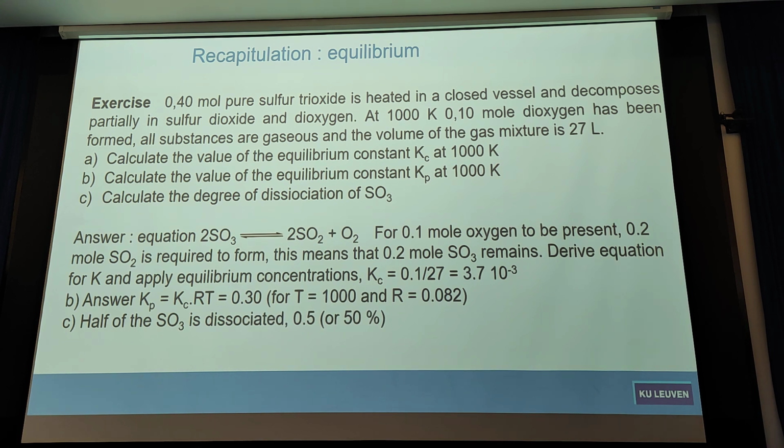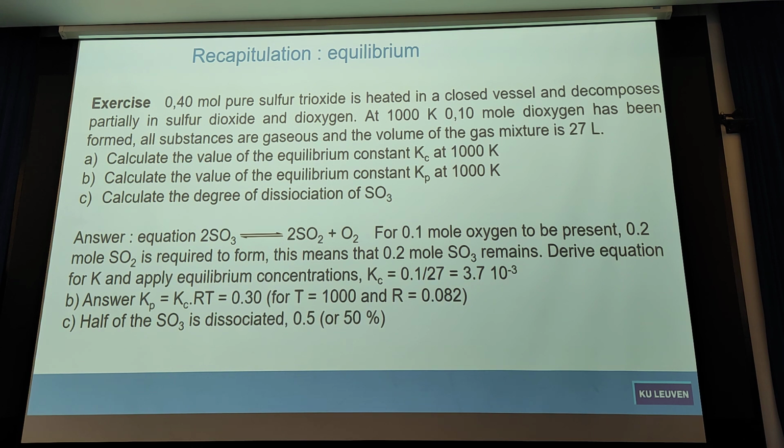Okay, first we need to have a look at the reaction equation. So we see that we need two SO3 molecules, and we get two SO2 molecules out and one molecule of O2. Now, it was given that we have at 1000 degrees Kelvin 0.1 mole of oxygen.